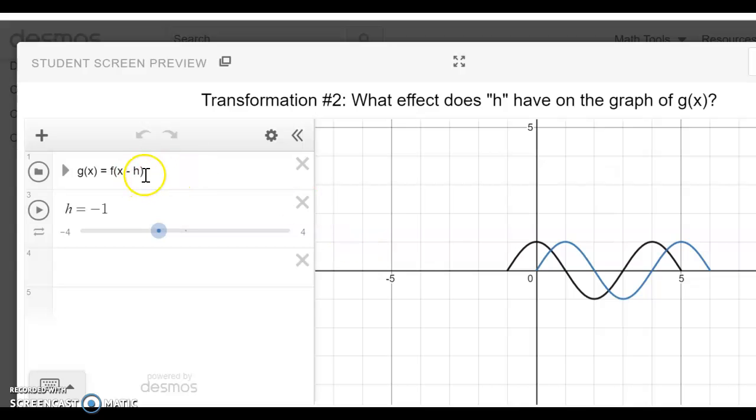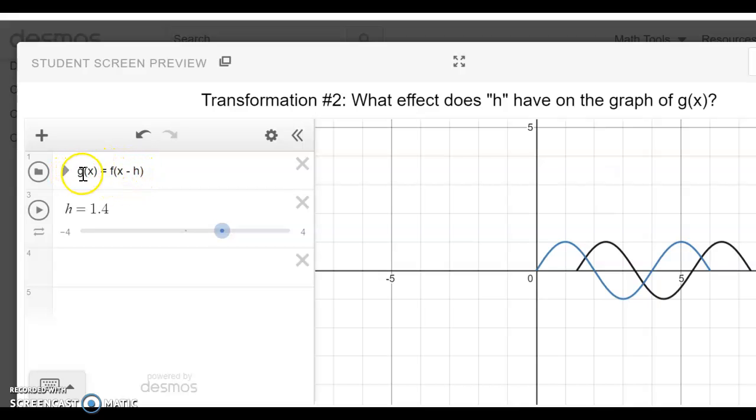That was if we had some value being added or subtracted to the x inside our parentheses. When you slide this slider around, you'll notice that our function is moving from side to side horizontally. So this is going to be a horizontal shift for us. Something a little bit tricky here is when h is positive or negative, which direction are we shifting horizontally? I want us to pay attention to what's here.